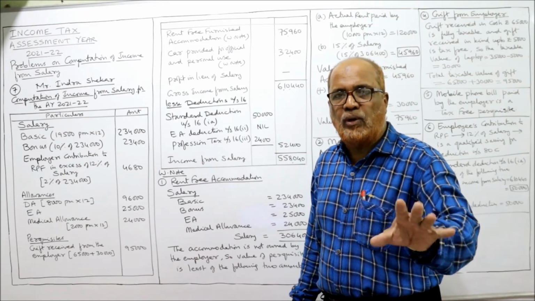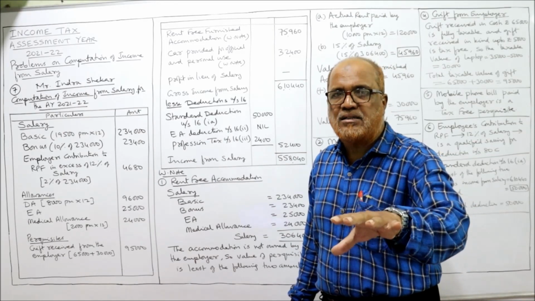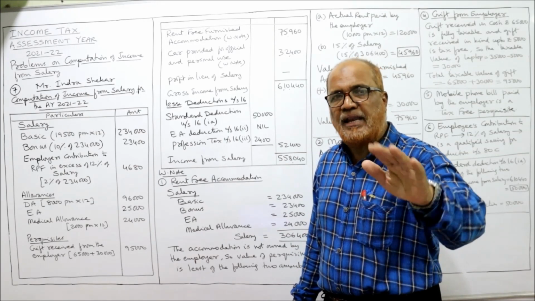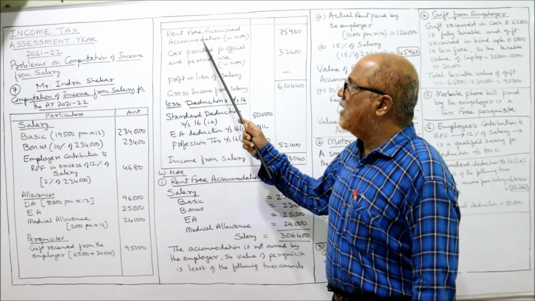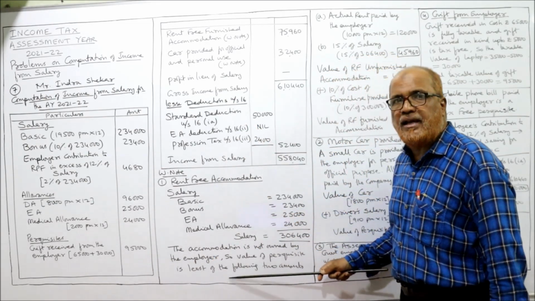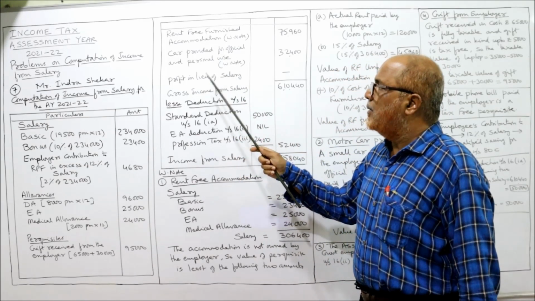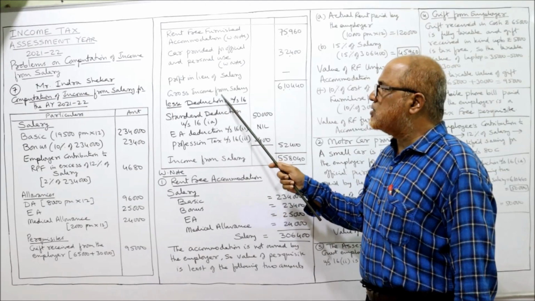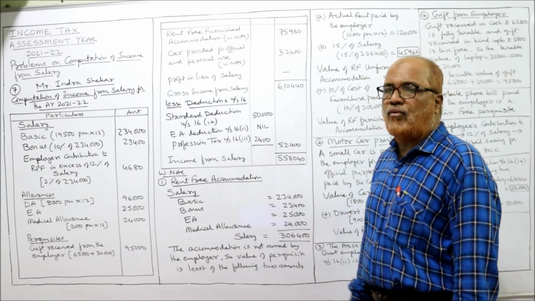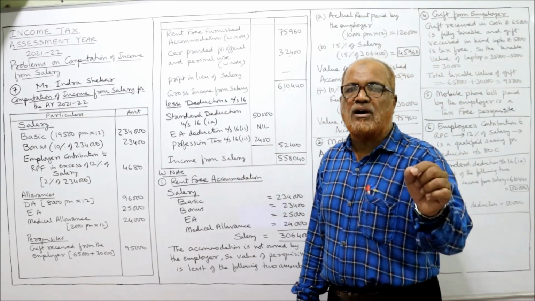Cash gift fully taxable. Gift given in kind up to 5,000 not taxable, excess will be taxable. Then rent-free accommodation, just now I have explained in detail. Car provided, just now I have explained. Profit in lieu of salary is nil. Gross income from salary is 6,10,440.